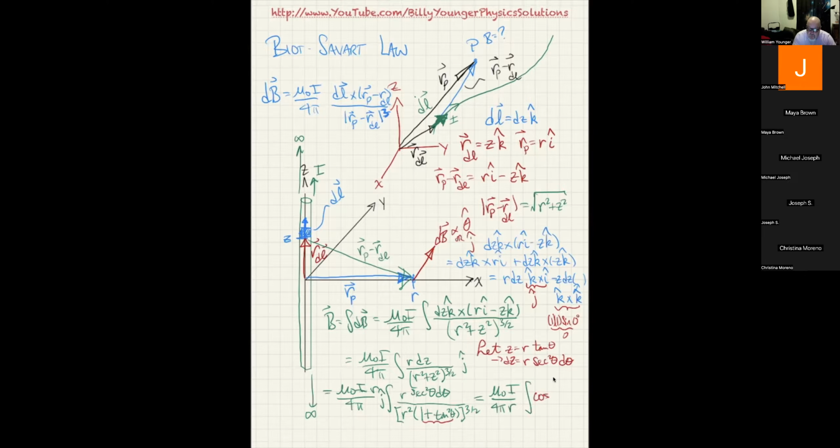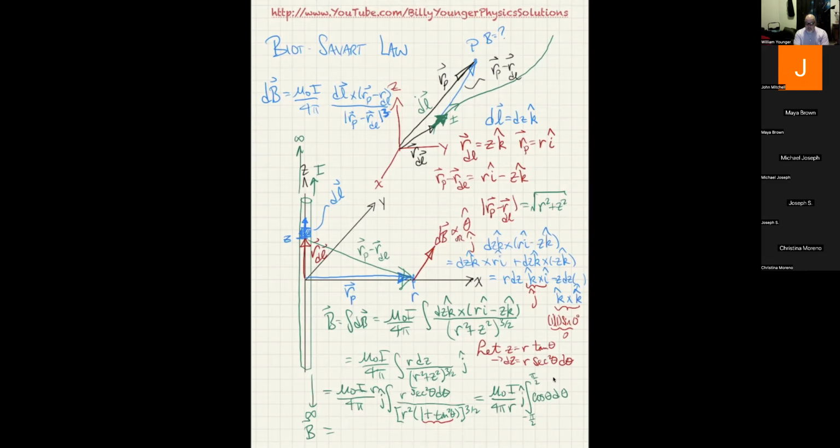So I end up getting, oh, I should write that in green, the integral of cosine theta, and I'm going to integrate it from negative pi over 2 to pi over 2 d theta. And of course, all that times j hat. And ultimately what you get is B is equal to, now the derivative of sine is cosine, so the integral of cosine is sine. So I'm just going to get sine. The sine of pi over 2 is just 1.